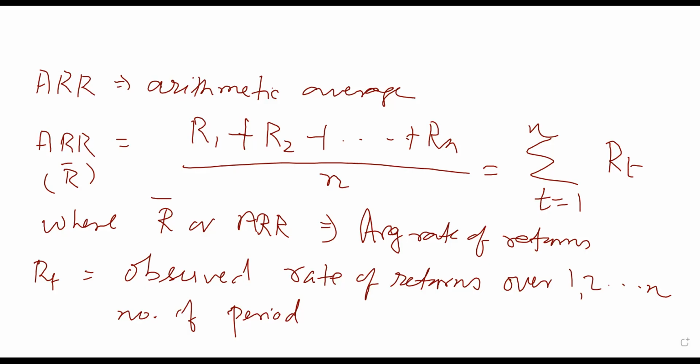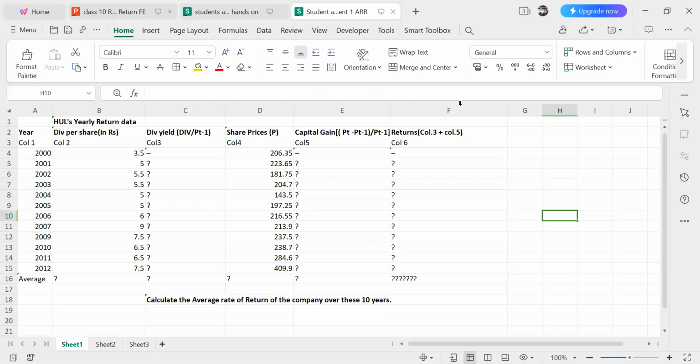Are you able to see the Excel file? Yes, ma'am. Okay. No, ma'am. It is still showing the board. Okay. So now? No, ma'am. We can still only see the board. For a new share. Now we can see the Excel file. Okay.